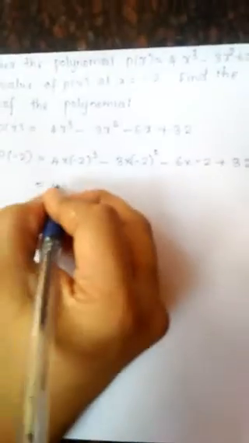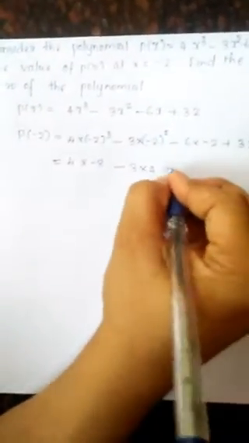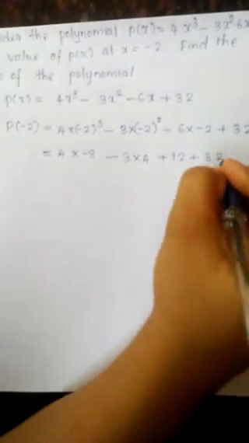Now, 4 into minus 2 cube means 4 into minus 8. Minus 3 into minus 2 square means minus 3 into 4. Minus 6 into minus 2 means plus 12, plus 32.